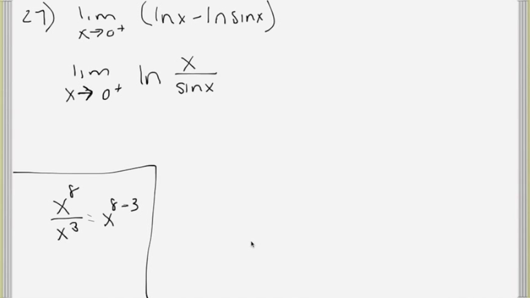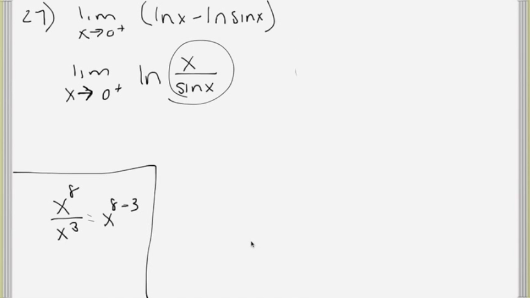Now if I plug in 0, I have a 0 over sine of 0, which is 0 over 0, and I'm trying to take the ln of something that I don't even know what it is. So that's a problem. So in this, it's really the x over sine of x that's indeterminate. So we're just going to let the ln hang out. We don't need to do anything with the ln at this point. We just need to figure out what's going on inside of the ln, and then we'll take the ln of it.